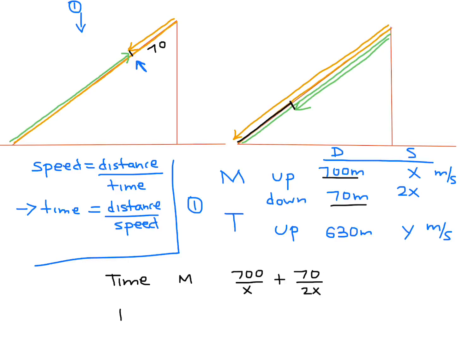Right? Time for Tony is the distance divided by the speed, which is y. And these two times are equal because that's how they meet. They meet at the same time. So we can set them equal to each other.